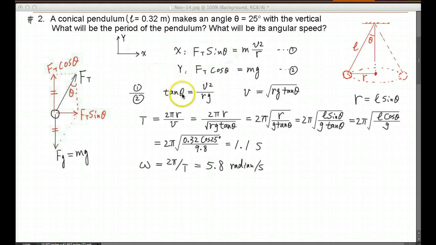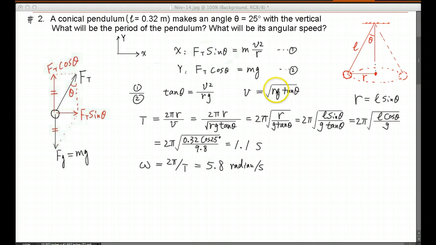You don't have to change it to tangent theta, you can keep sine theta over cos theta. And then on the right side you cancel the m, and simplify. You should have rg together like this, then isolate v squared and square root it, so you get v equals the square root of rg tangent theta.